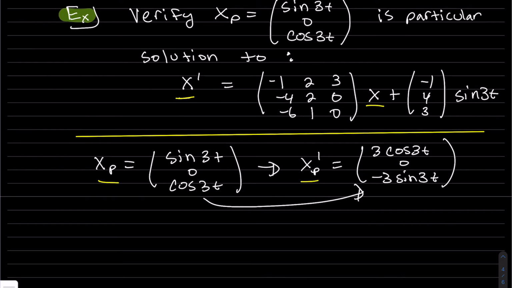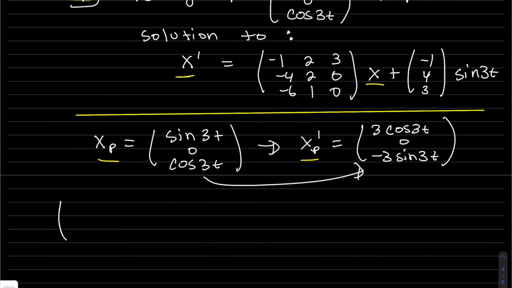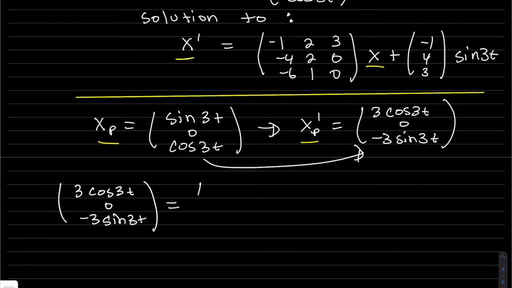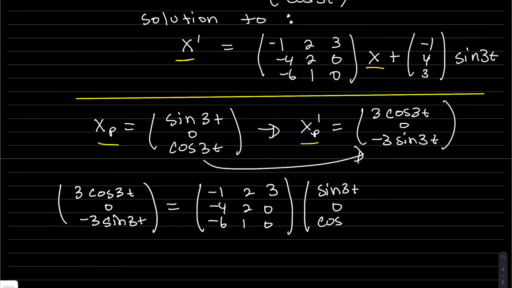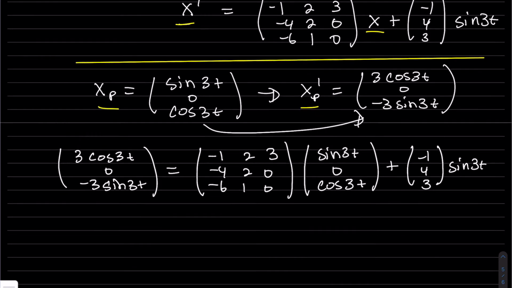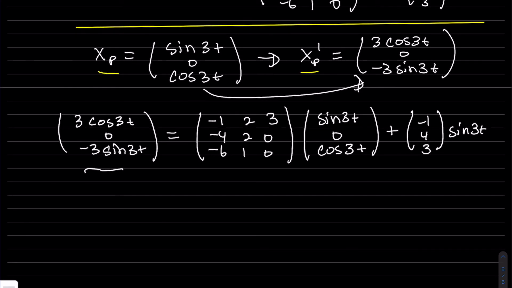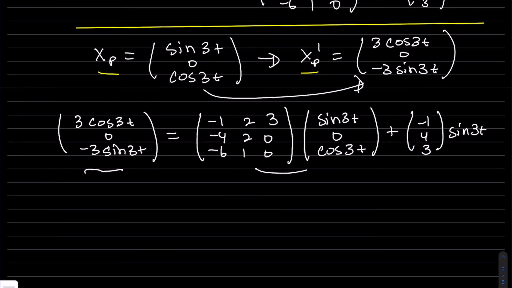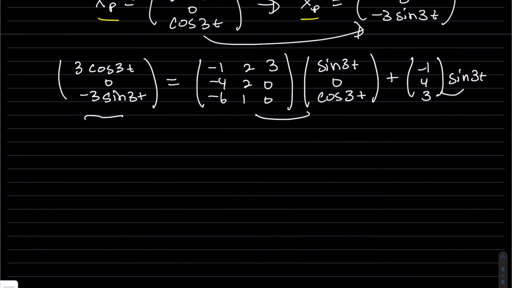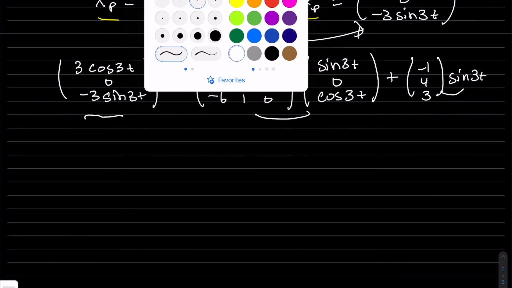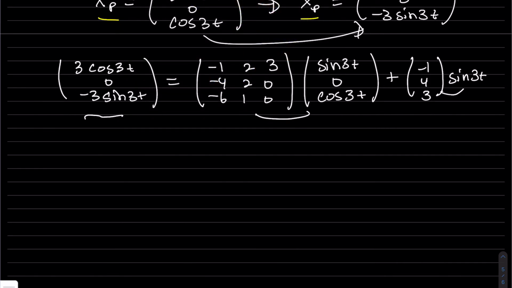So we replace x prime with this on the left. And now there's nothing to do on the left. So we're going to multiply these, distribute that, add them up, and see if we get that value on the left. So we're working on the right-hand side.